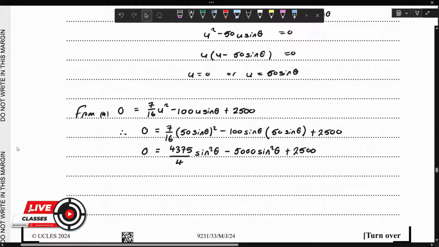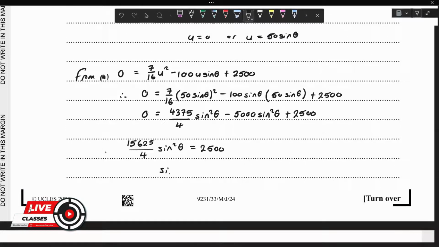Here it's negative 15,625 over 4, which is equal to 2,500. So sine squared theta should be equal to 2,500 times 4 over 15,625. What does that give us? 16 over 25.